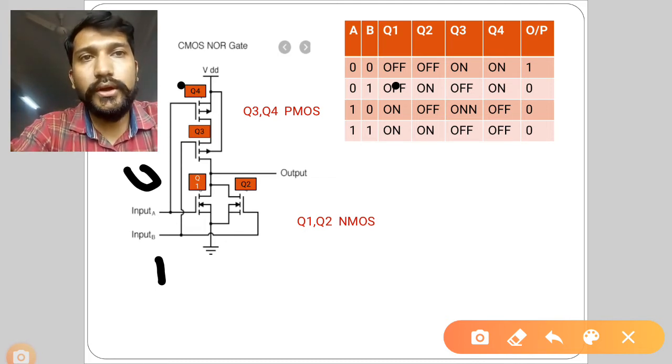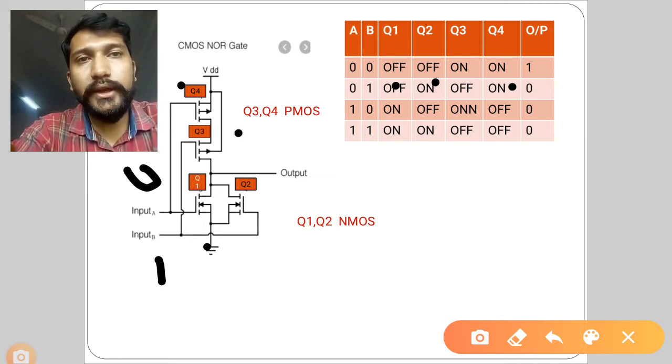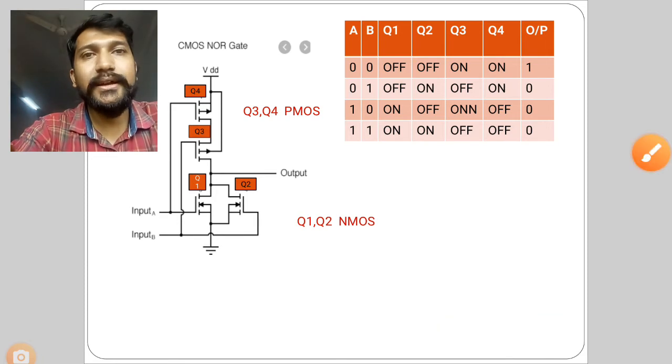Q4 is PMOS, so it will be getting 0, and Q4 will become on. Next, the 1 is given to the NMOS Q2. At that time Q2 is going to become on. That condition is verified. Now the same 1 is given to Q3, but Q3 is your PMOS. Here it gets 1, so it will be in the off condition. So this is my second condition.